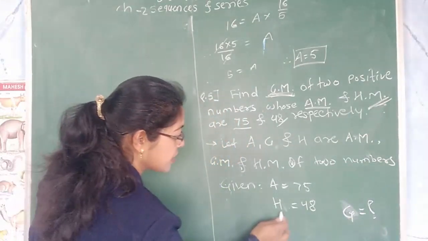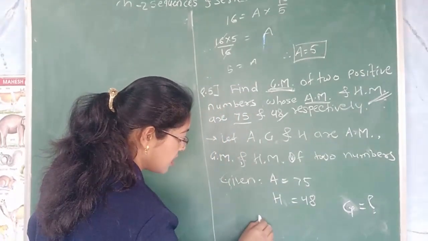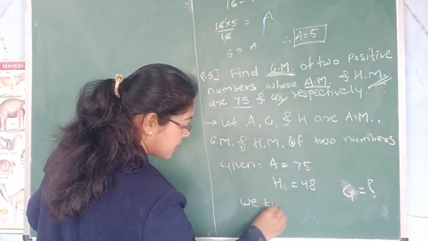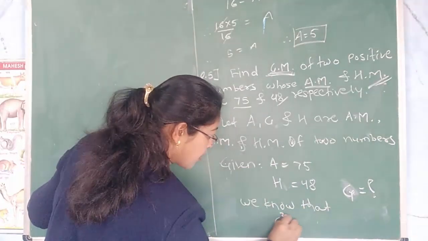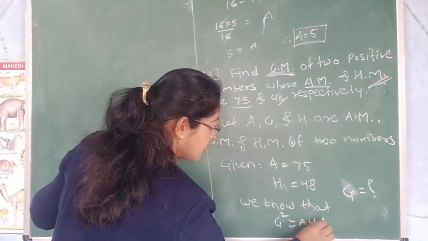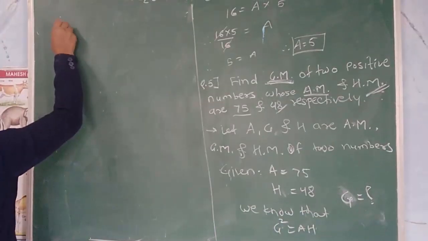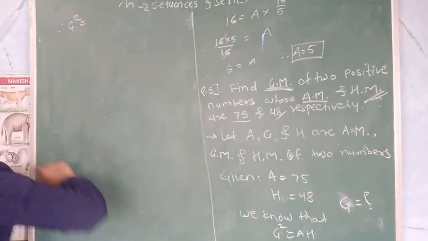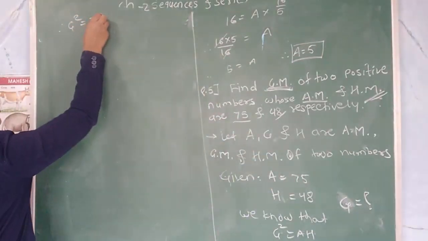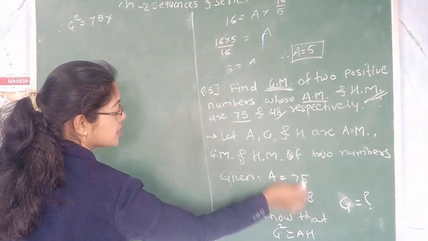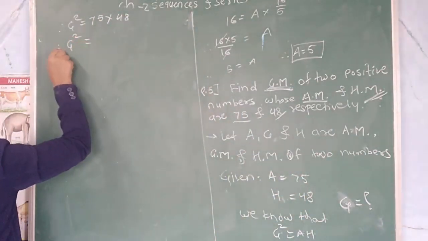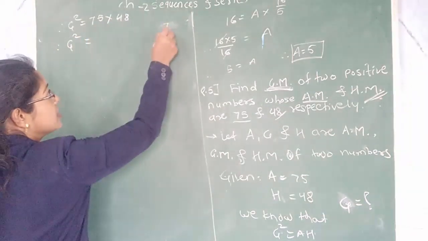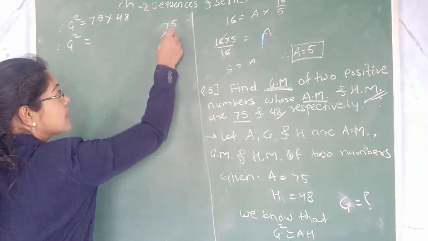Now the relation between A, G, H is, we know that G square is equal to A H. So G square is equal to 75 into 48.